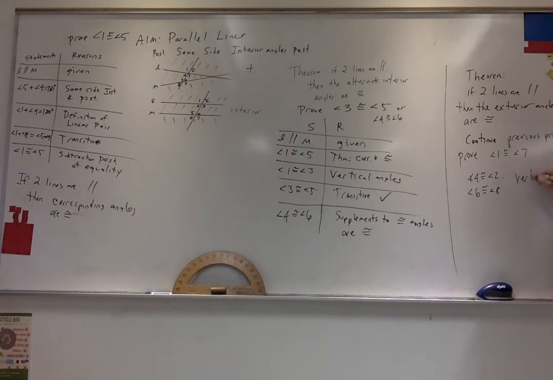Because they're vertical angles. Well, what's the next step? Then we can say that angle 2 is congruent to angle 8, because I guess substitution.